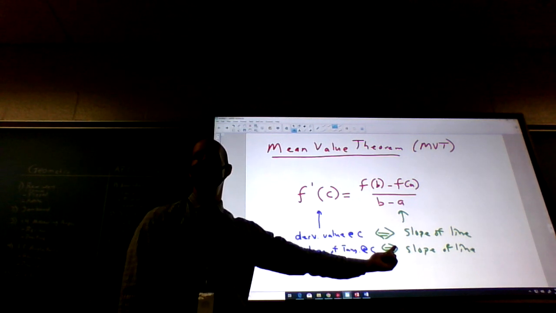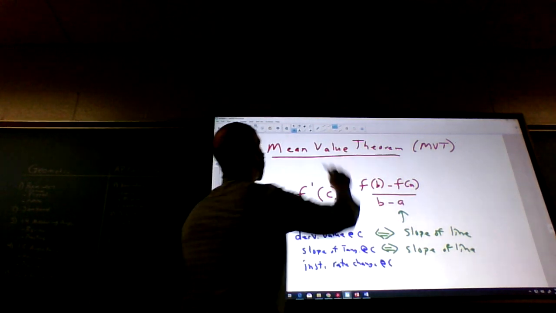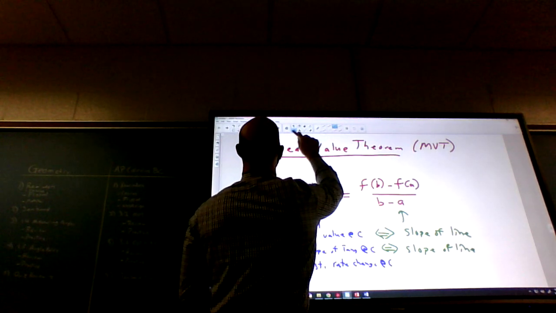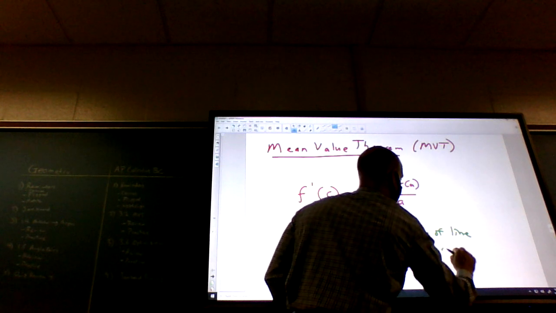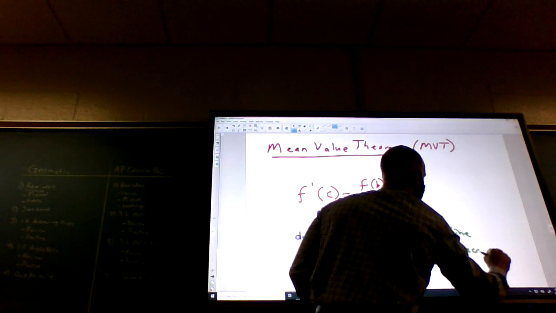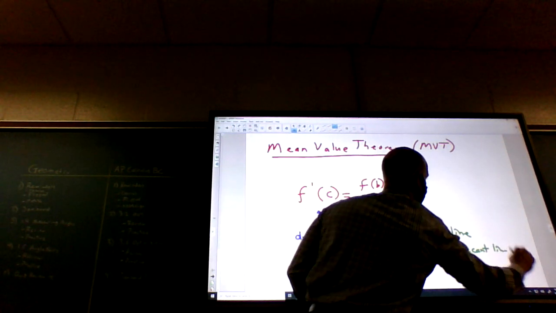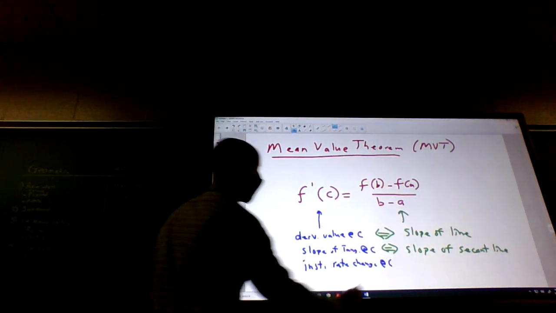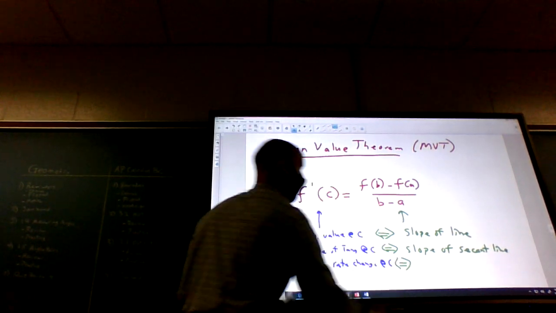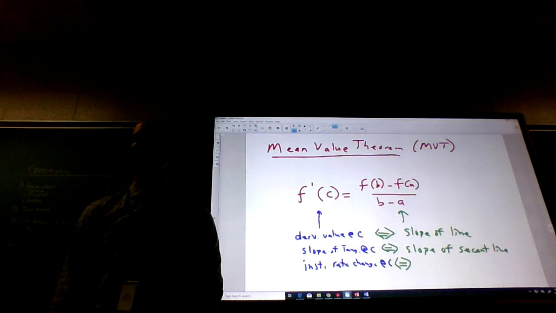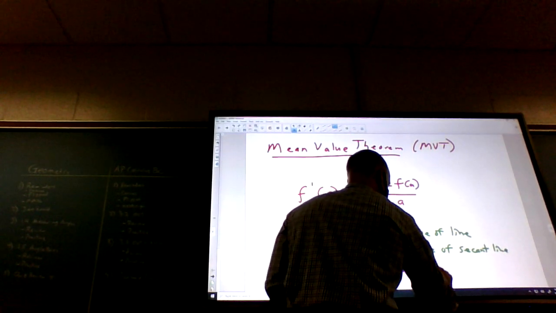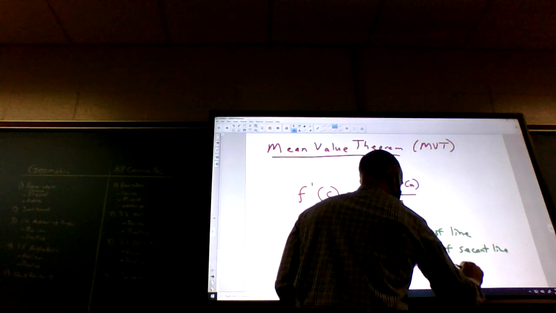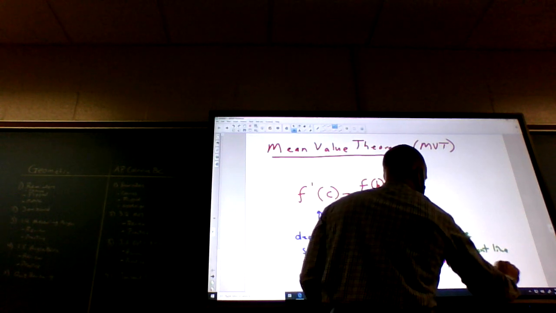What word goes over there? Secant. Good. Let's change that to slope of secant line. That's good. What about this one? The average rate of change. This is the average rate of change, right?